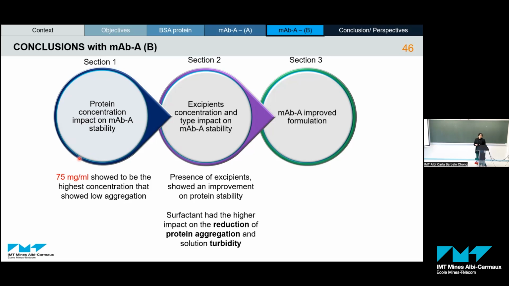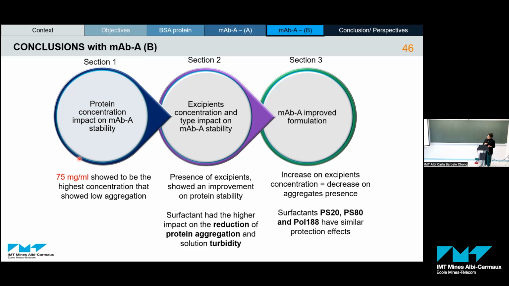And then we found that the presence of excipients is critical for the stability of the protein during spray drying, and as well that an increase in the general concentration of the excipients can improve the formulation, especially for the excipient of surfactant. And for the final improved formulation using 3 different surfactants, what we observe is, in general, these 3 surfactants give the same effect or have similar protection effects on the aggregation of the protein.